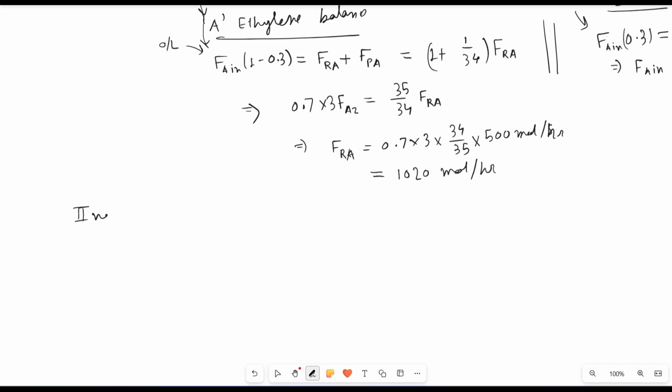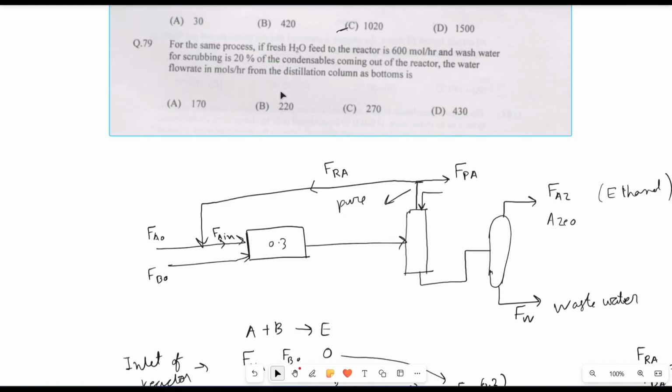Now the second part. The second part says that for the same process, if fresh feed of water is fed to the reactor, the FB naught is given as 600 moles per hour, and wash water for scrubbing is 20% of the condensables coming out of the reactor.